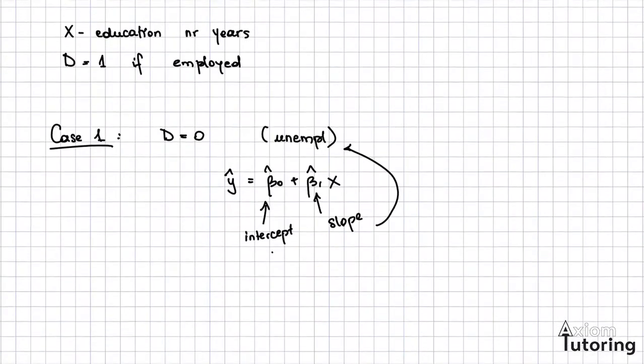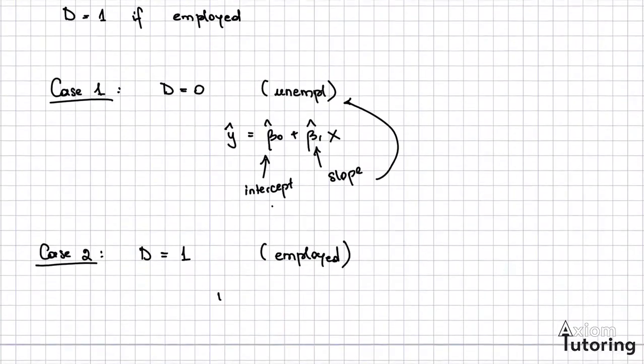Let's look at case 2. In case 2, d is equal to 1, in which case we are looking at employed people. Now y hat will be equal to beta 0 hat plus beta 1 hat x plus beta 2 hat plus beta 3 hat times x.